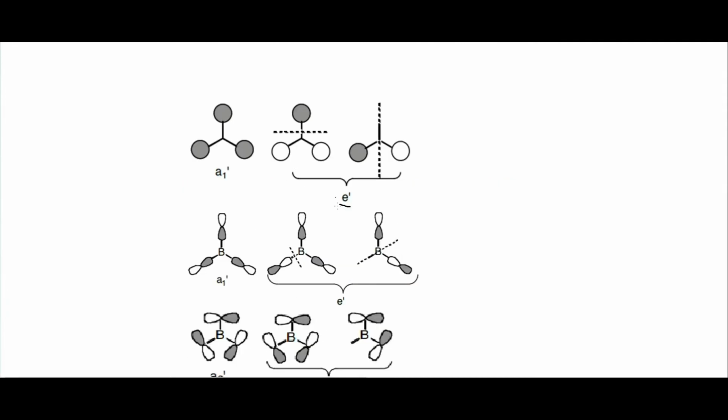But it's still an E, so we still end up with these two degenerate energy levels here with the nodes between them. And the other one is the A1 prime symmetry here, which is like the A1 symmetry from above. But then we have the E prime here for our Y orbitals.